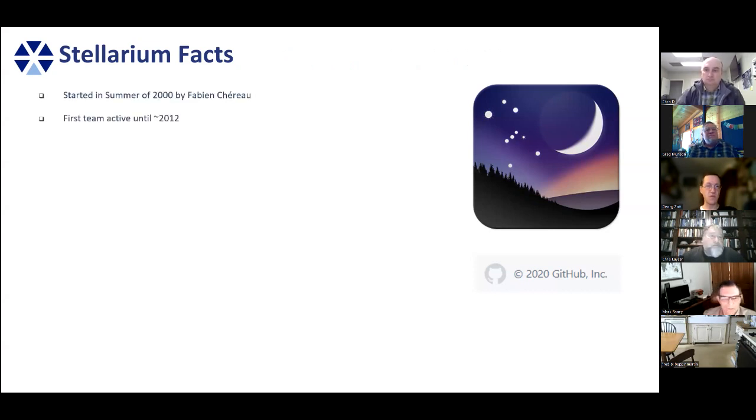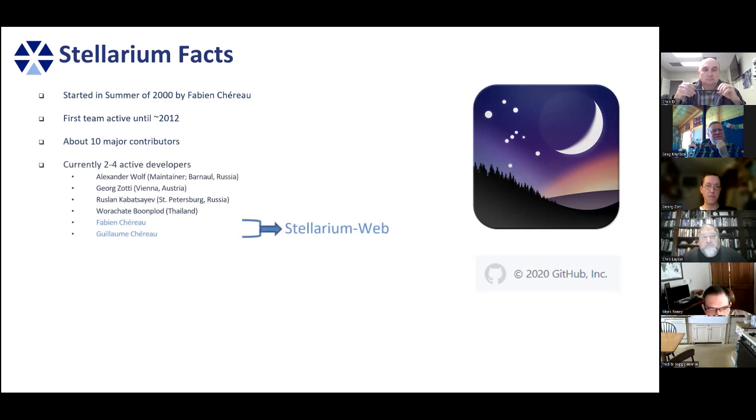Just a bit of history, because last autumn we finally had our version 1.0. It was started in the year 2000 by Fabien Chéreau, a French student at that time, and he collected a couple of programmers whom I call the first team. They were active until about 2012. We can say Stellarium has about 10 really major contributors at the moment.